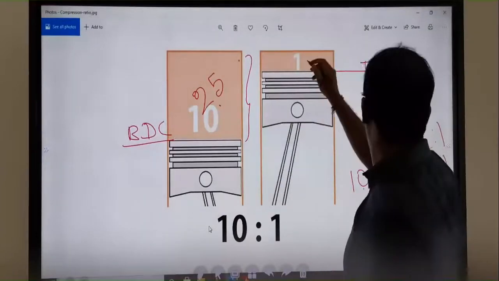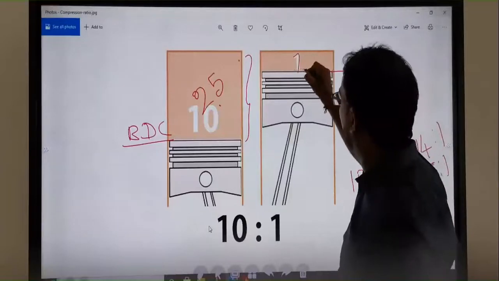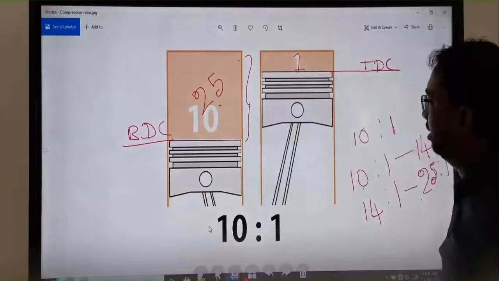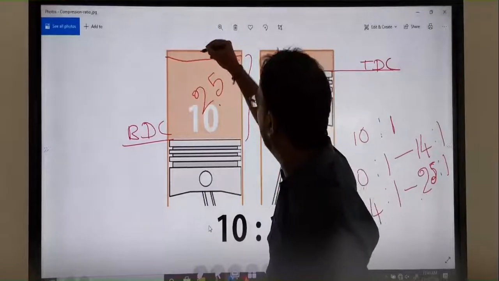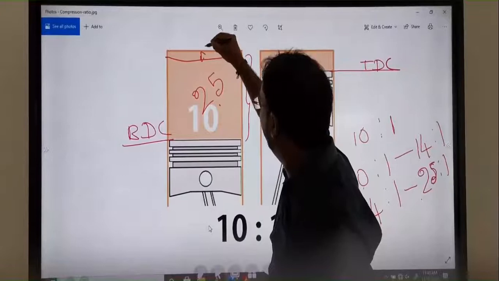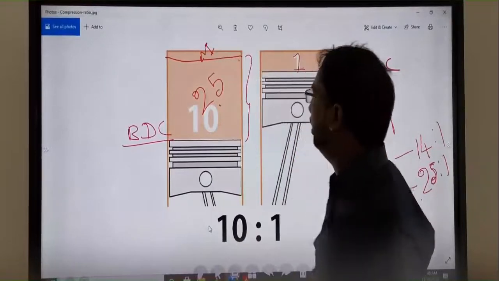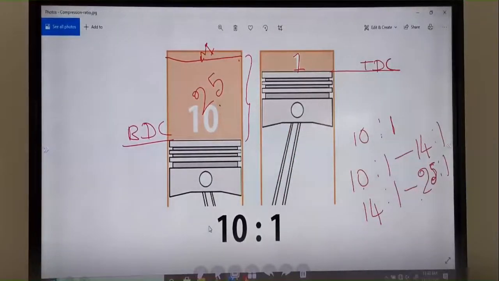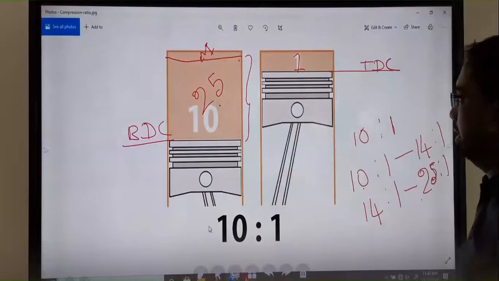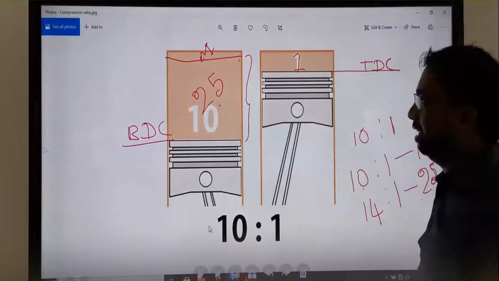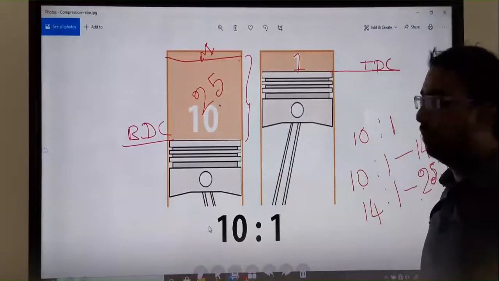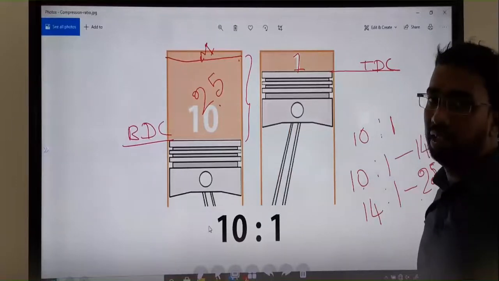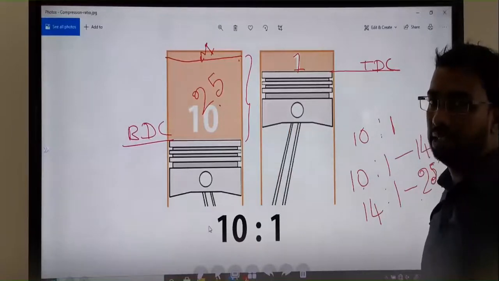Here 1. So this ratio is very high. That means that 1 is here, compared with this 25 ratio. Because there is no spark ignition in the diesel engine, the burning of the mixture is achieved by this high pressure compression.